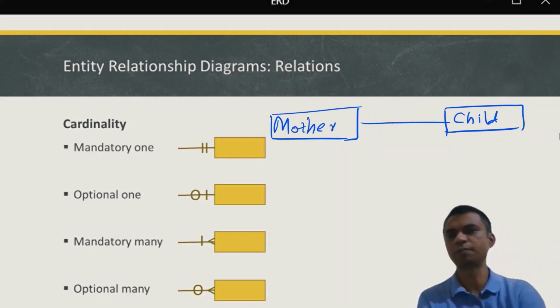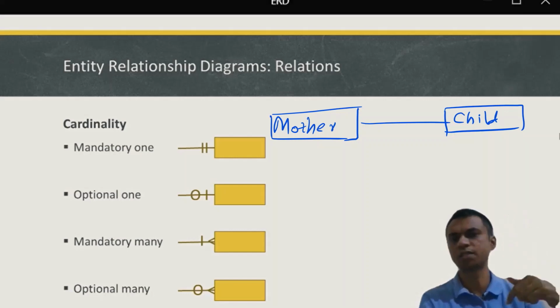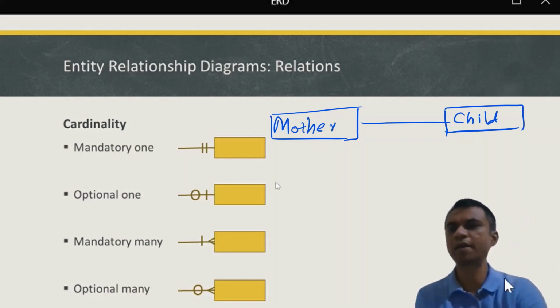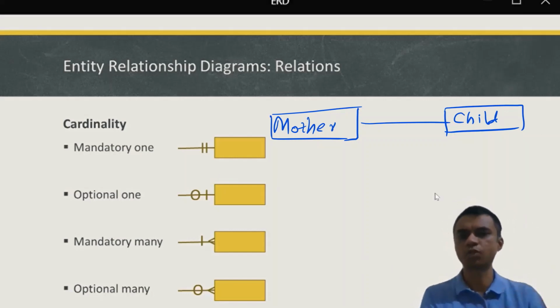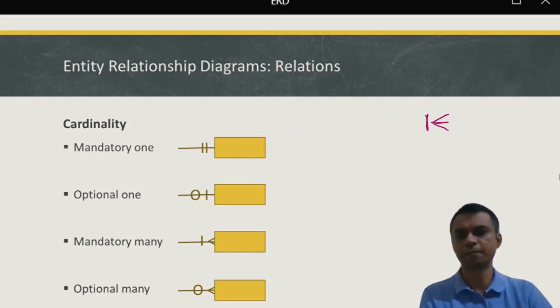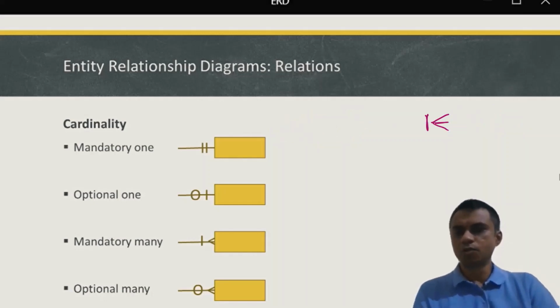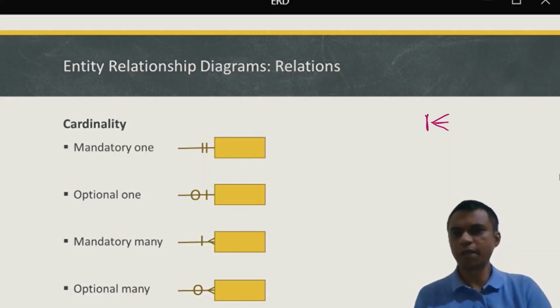So the relationship from mother towards child could be mandatory many, because every mother has to have children, otherwise she would not be called a mother. So it's a mandatory many relationship where you could have one or more children.